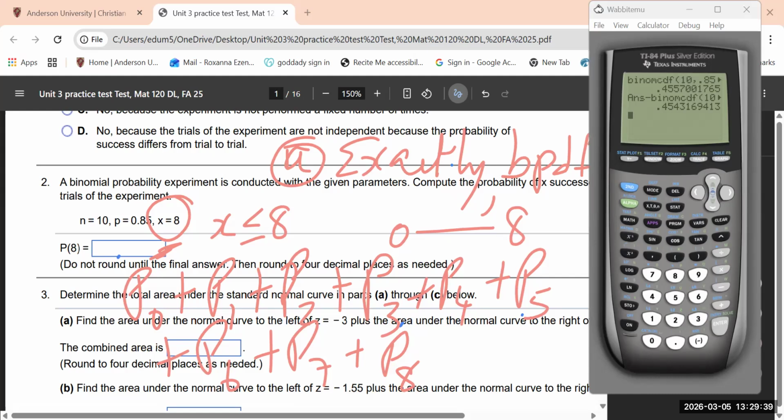If you are told to find between, then it is binomial CDF of the first one, B, minus binomial CDF of the other one, which is C minus 1.